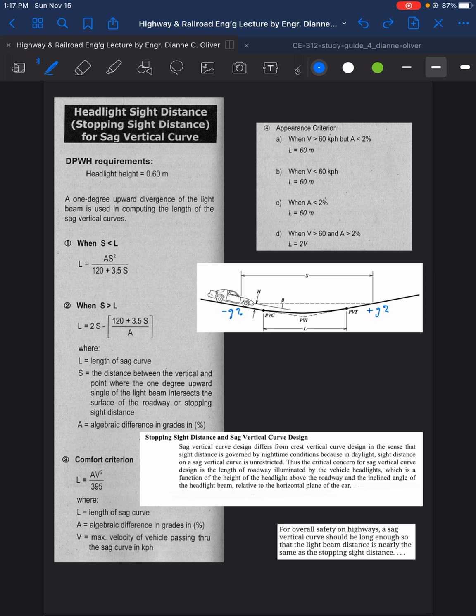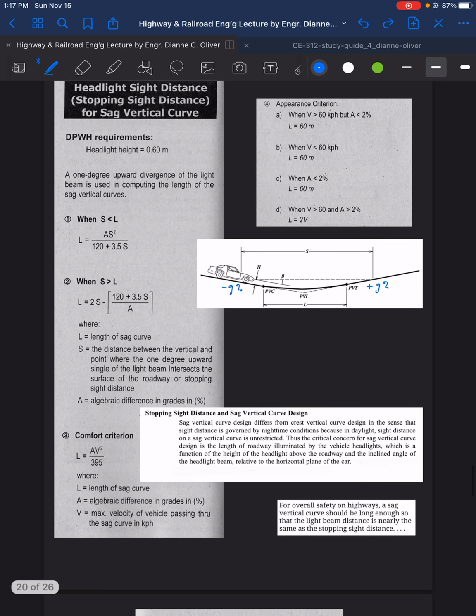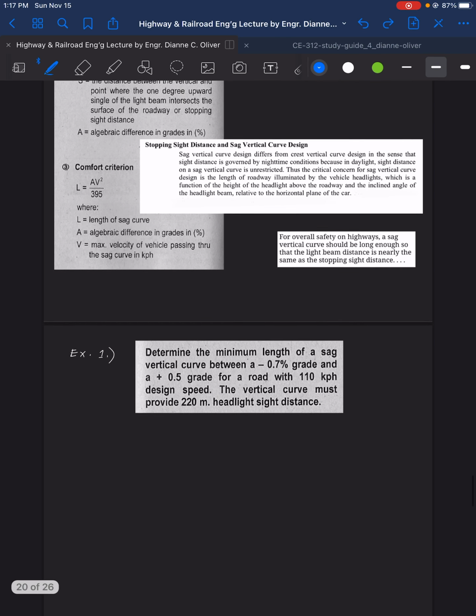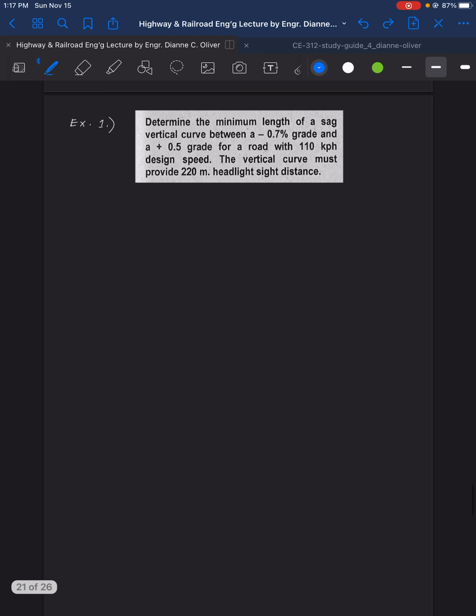We will check which among these conditions will be applicable in the problem. Now it says here, for the overall safety on highways, a sag vertical curve should be long enough so that the light beam distance is nearly the same as the stopping sight distance. Okay, let's solve example number 1.